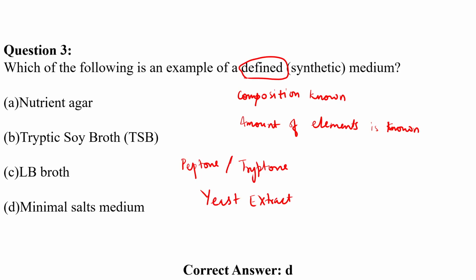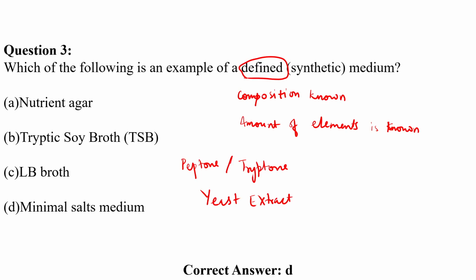These are different kinds of protein. Soya bean is a protein source, right? So if we are adding extract of soya bean, we are adding a protein source, a nitrogen source, or a carbon source. But we cannot tell the number of moles of nitrogen present in the soya bean extract.